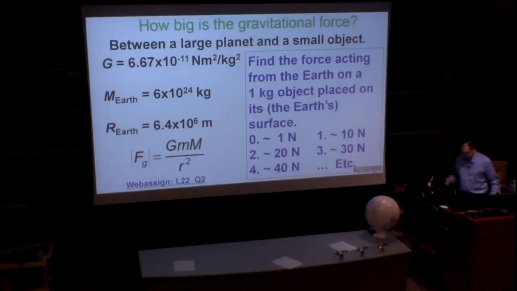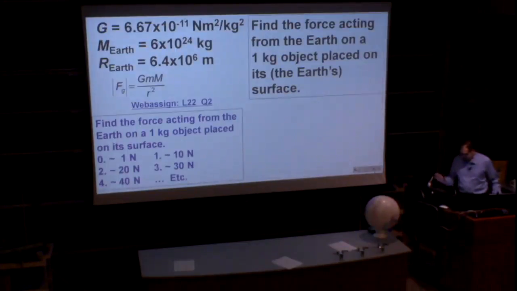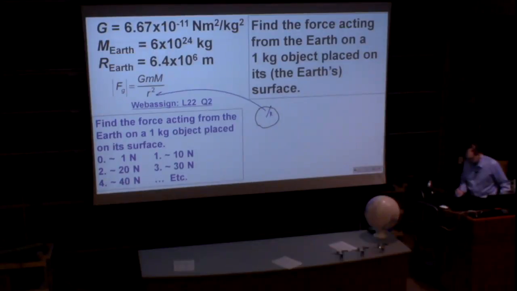So here, if we want to draw a picture, it should be a large circle which represents the Earth and the tiny object sitting there. And we know that the distance from the object to the center is the distance which has to be used here. And we know the constant.